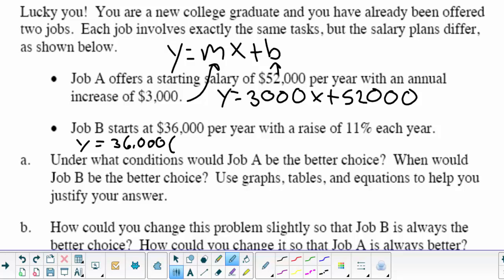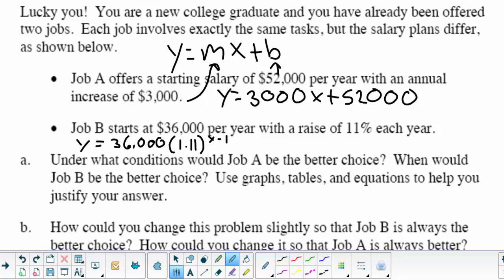And then since it's a growth problem, we would say 1 plus 0.11 for our percentage, so it'd be 1.11. And our exponent would be x minus 1. And that way we could represent that one.